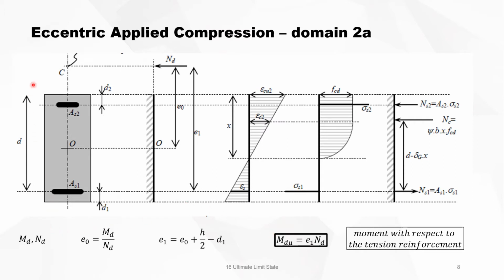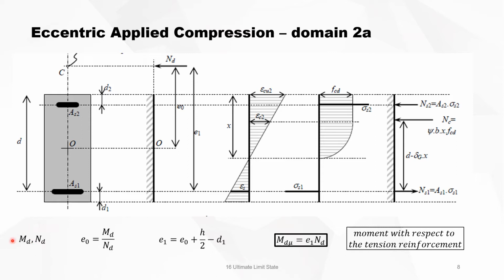Now we have this section, we have the geometry, we have here the strain diagram that we are used to now. Then we have the stress diagram, and from the stresses, the forces. So we will concentrate on the forces. We have now, in addition to what we have seen previously, a compressive force in the compressed reinforcement.